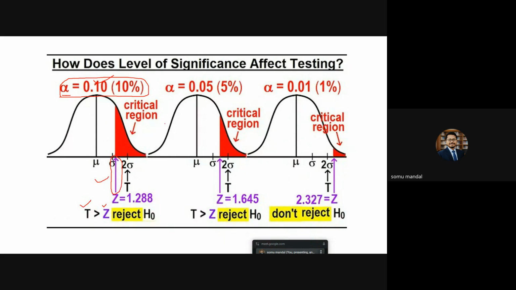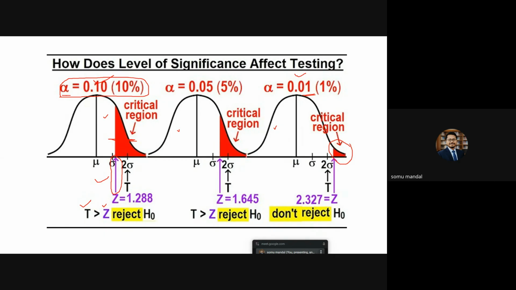So here you think about one thing: if you look properly at the first image, second image, and third image, what is the difference? The difference is the width of the critical region. When you consider 0.01, meaning the 99% level, then the critical region is less. That means you try to make your research outcomes precise.